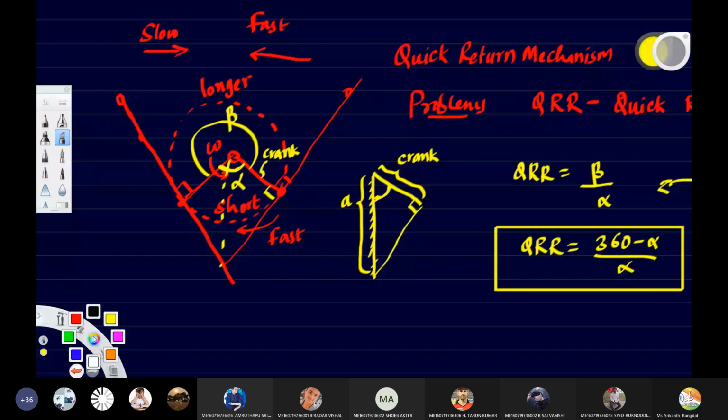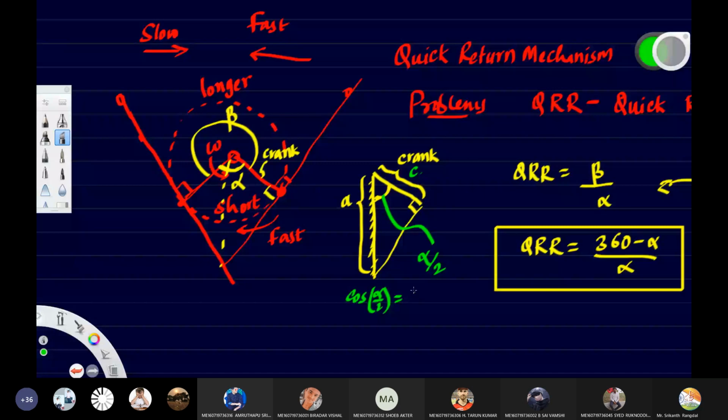Fine. So how to find the angle alpha by 2 when the length A and the length C, let us say, is given? Let us call this as C. Cos inverse of adjacent by hypotenuse. Very good. So this length crank C is adjacent, and we know cos of the angle is adjacent by hypotenuse.